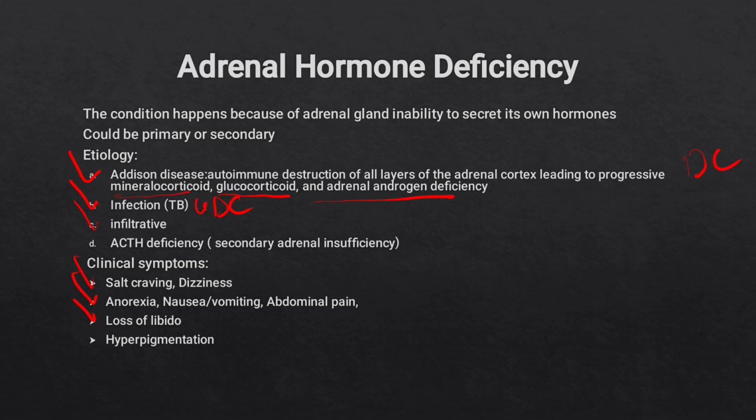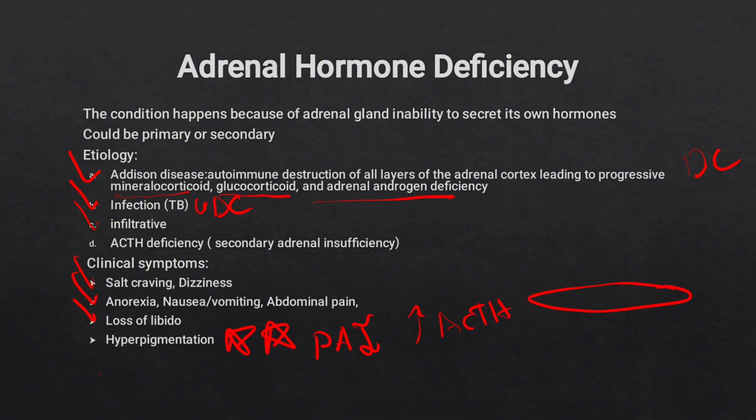Okay, and the important thing, and that's a hint in the exam, if you see hyperpigmentation, that means that's primary adrenal insufficiency, because the adrenal gland is not secreting the hormones, so the pituitary gland will sense this and will start to produce a lot of ACTH. And we know that ACTH comes from a precursor called POMC.